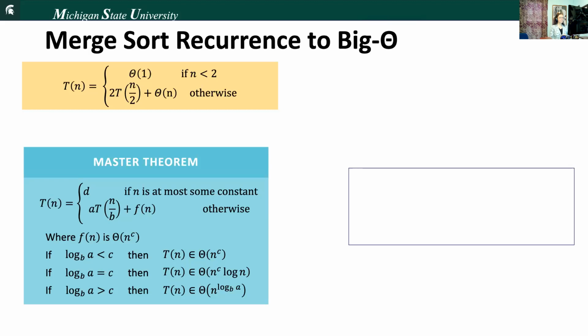What is A? 2. What is B? 2. What is log base B of A? 1. Log base 2 of 2 is 1, right? You guys recall this? Yeah. So what is C? Well, I spoiled it. 1. Okay, log base 2 of 2 is 1.